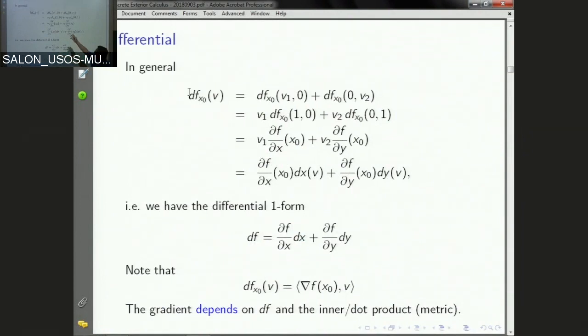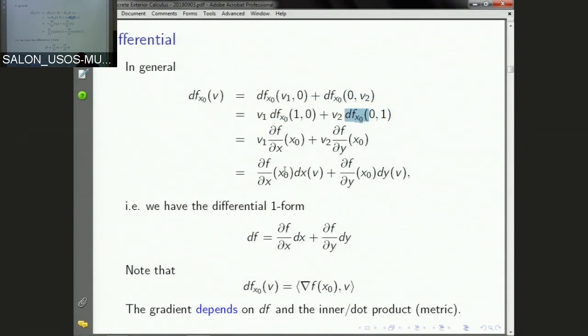As this operator df at x0 is linear, I separate it this way: on the (1, 0) vector I let the v1 out, on the (0, 1) vector I let the v2 out. So that reads as a third line, because the differential in the direction (1, 0) is nothing but the partial derivative of f with respect to x. Similarly, the other one is the partial derivative of f with respect to y.